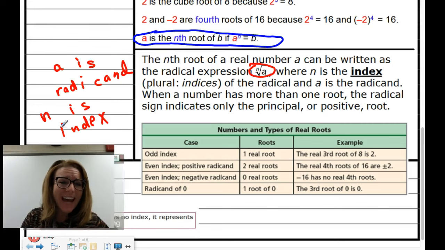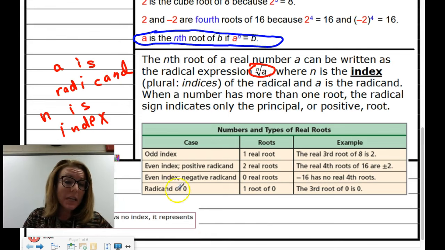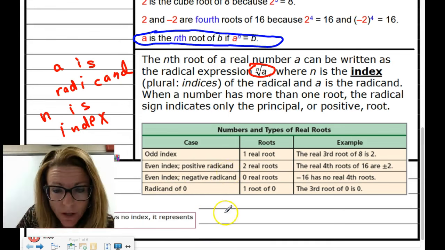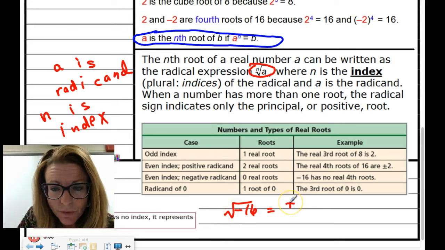If your index is odd, you will have one real root. If you have an even index, 2, 4, 6, 8, and a positive radicand, the number under the radical is positive, you're going to have 2 real roots. If you have an even index and you have a negative radicand, you're going to have 0 real roots. That makes sense because, for example, the square root of negative 16 is equal to plus or minus 4i.